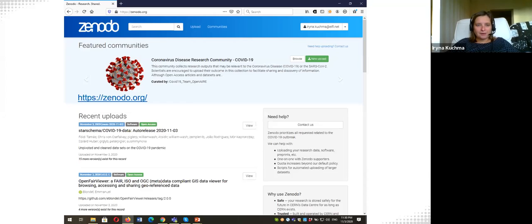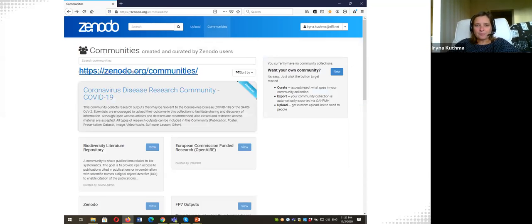And what I wanted to show is that we have communities, and a community is a space which you can set up for your project or for your organization. You see some examples. For example, Biodiversity Literature Repository is a community on Zenodo, and it's curated by the biodiversity community.